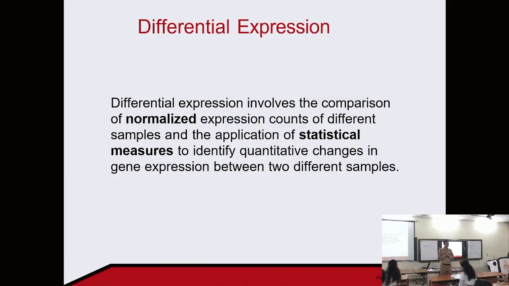So you need to control for both, and metrics have been provided, RPKM, FPKM, TPM, that control for these two. Once you have the normalized counts, you can use them for assessing the difference in gene expression between two conditions. That is called differential gene expression.